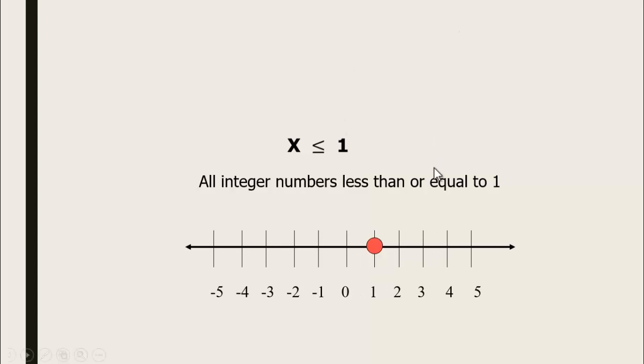And because it's equal to 1, so I will make the dot solid. This means that 1 is included inside of my solution set. And then I'm going to look for numbers which are less than 1. So here my solution set will be having 1, 0, -1, -2, and so on. Those are the integers which are less than or equals to 1.